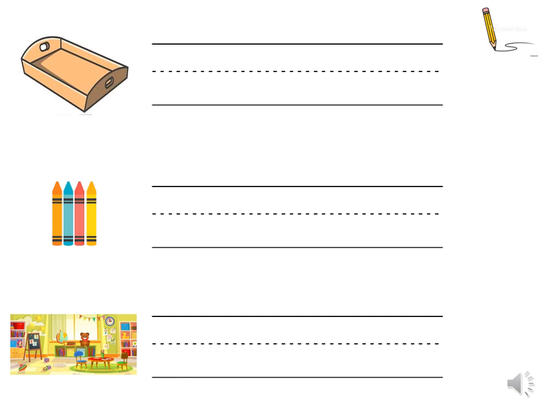If you're not ready, pause the video, but if you are, we're going to write the next word. The next word is crayons. It's plural. It has an S on the end because can you see there is more than one crayon? Let's stretch out the word crayons. K-R-A-O-N-S. Crayons.